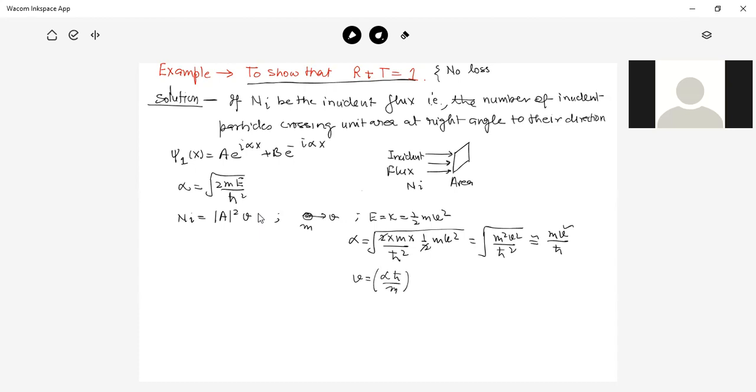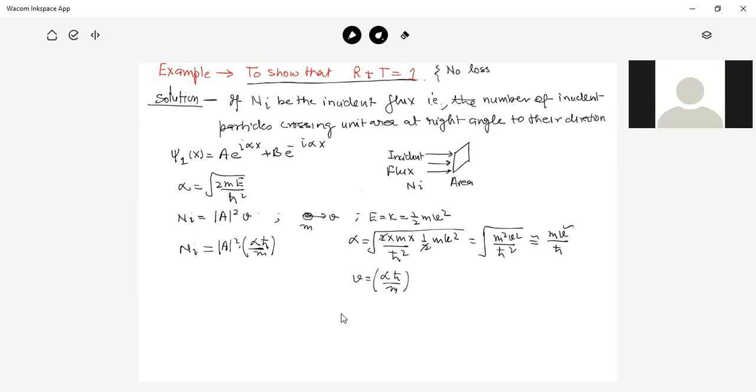So here we find Ni is mod A square into velocity, and this velocity is alpha h cross over m.